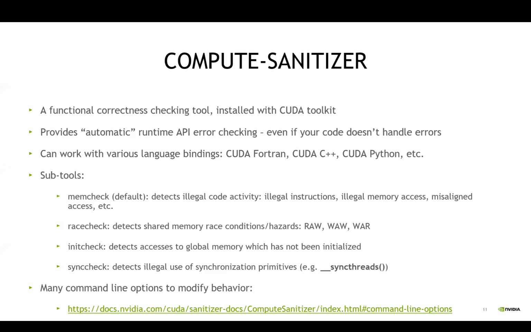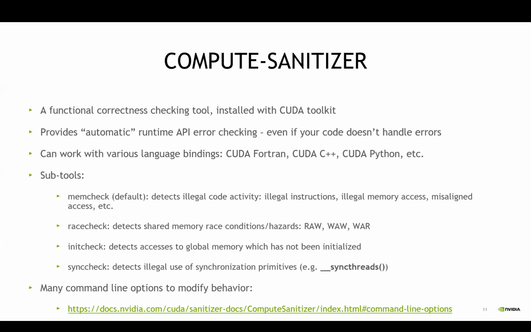One of those things that would not ordinarily happen is that it provides automatic runtime API error checking. Even if your code doesn't trap any errors at all, you're not doing proper CUDA error checking, if you run your code under Compute Sanitizer, any API error will be reported.